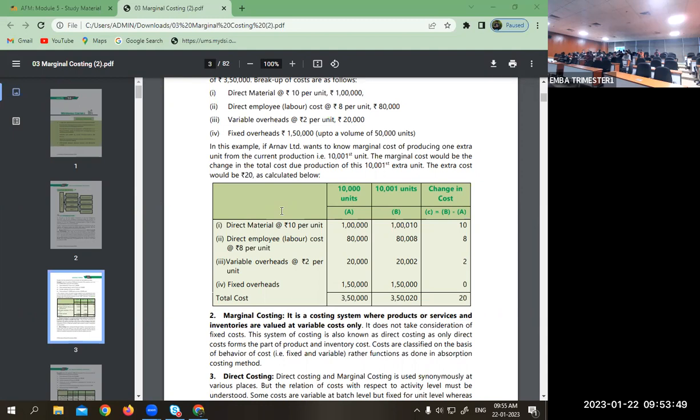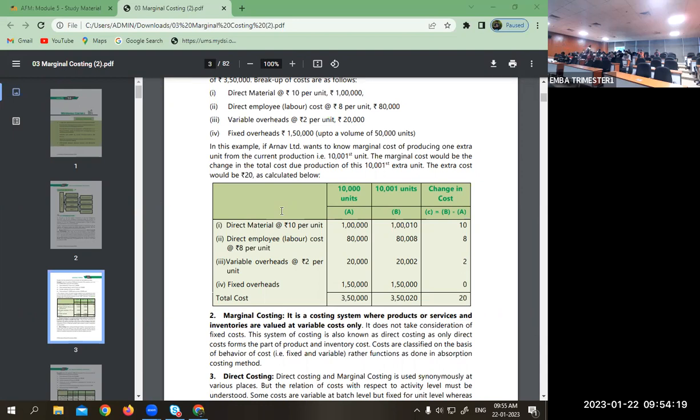Of course, cost can be classified into many categories based on many logics. One basis is the traceability of the cost to the unit of production. What is traceability? I can categorically say that this is the amount incurred for this unit with respect to this particular cost. Example, material cost. Example, direct material cost.